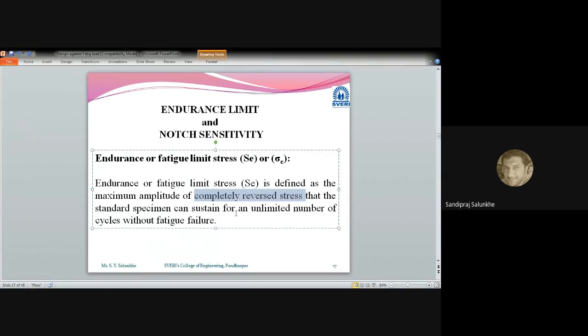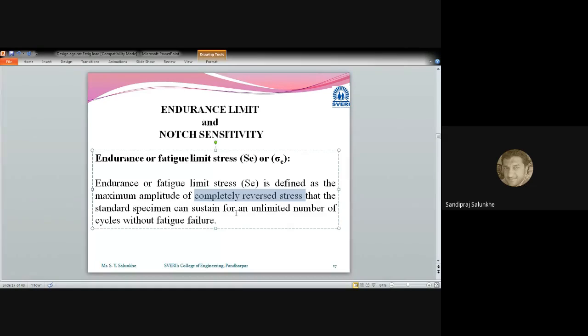But here it should be completely reversed stress for an unlimited number of cycles without failing. That value of stress you call the endurance limit, or fatigue limit stress. Got it? I think I made sense and you are able to understand that.